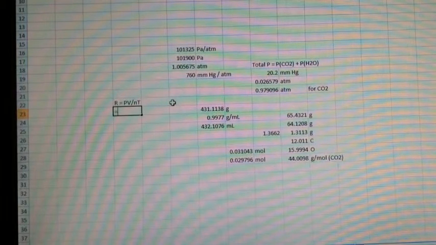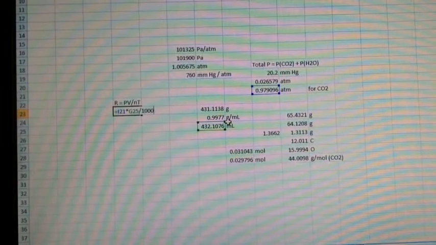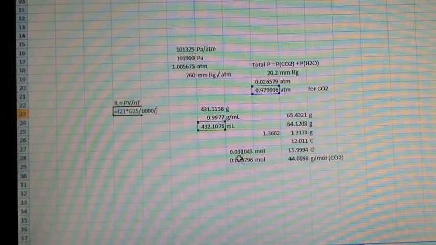That's going to be my pressure of the carbon dioxide in atmospheres, times the volume of the carbon dioxide here. Of course, I had it in milliliters, so I need to put that in liters by dividing by 1,000. Then I'm going to divide by the moles, and divide that also by the temperature.